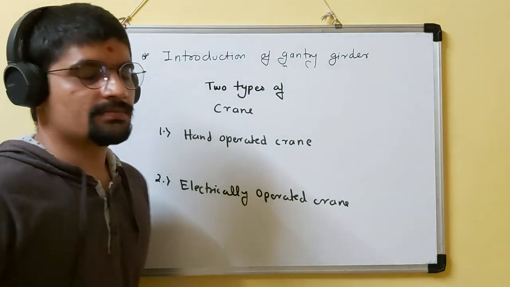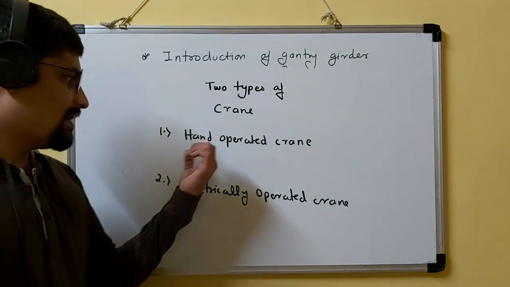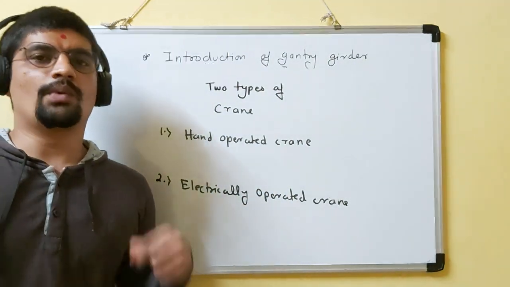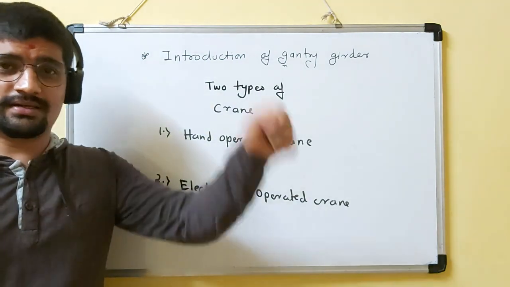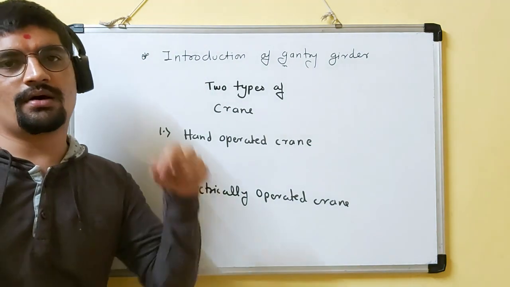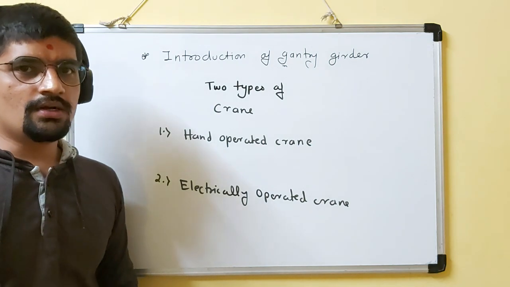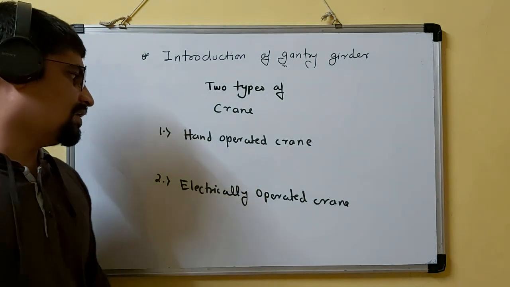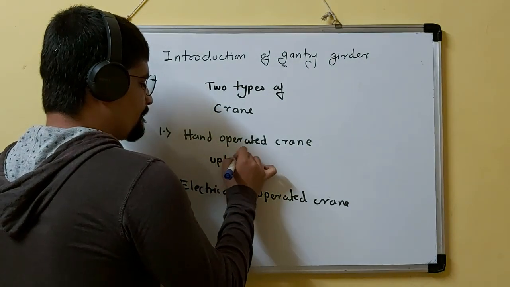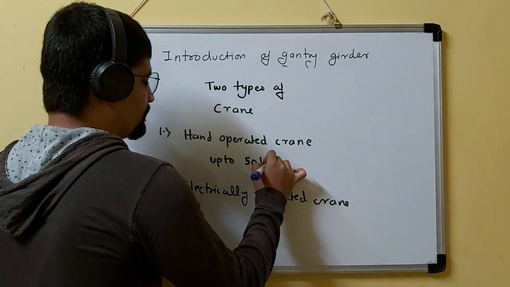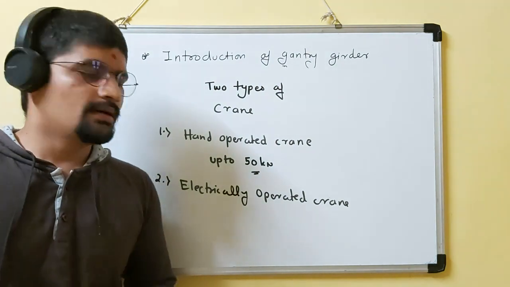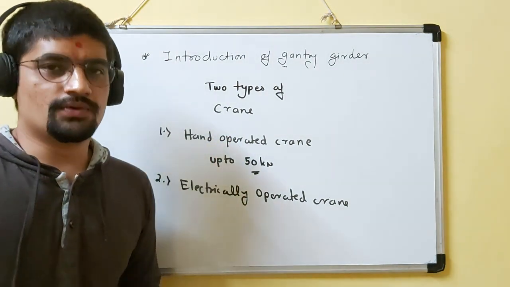What is the difference between these two types? The hand operated crane, by name itself, is operated manually, by rotating the wheel joined by the chain, and the crane girder starts moving. It is used for lifting up to 50 kilonewton weight. More than that, the manually operated crane is not used.